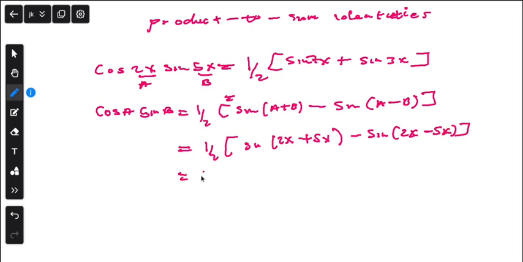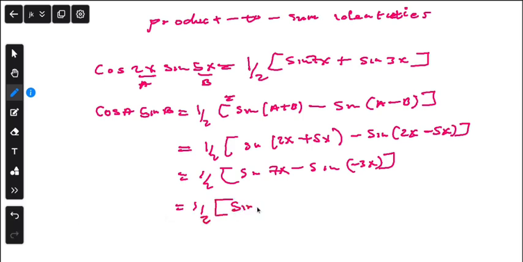So from here, what are we going to have? We're going to have sine 7x when we add 2x plus 5x. Then here, we're going to have negative sine, then negative 3. So here you know to say that negative and negative, that is positive. So here we're going to have plus sine 3x. So as you can see here, this one is similar to this one, so we have proven. So you can just say ends shown.